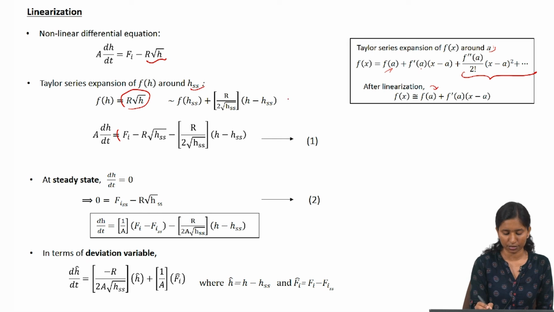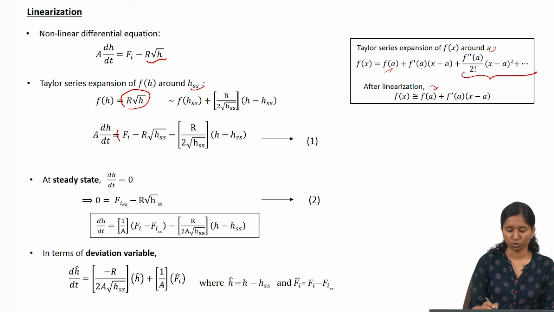This is the linearized version of the nonlinear term, and we substitute it for R√h in the expression, and we get A dh/dt = Fi - R√h_ss - R/(2√h_ss) (h - h_ss). This is the linearized differential equation governing the system, linearized around the steady state operating point, which is the steady state value of height.